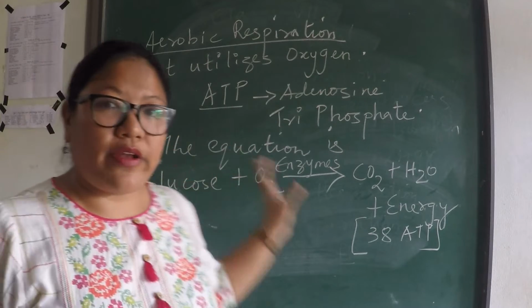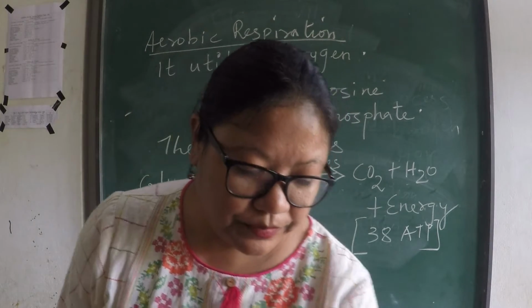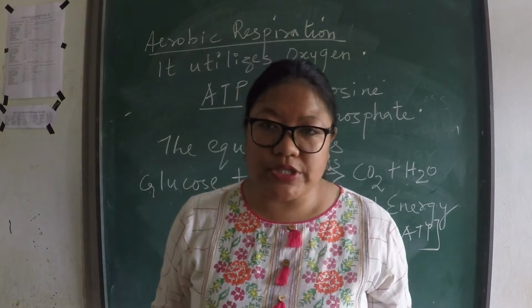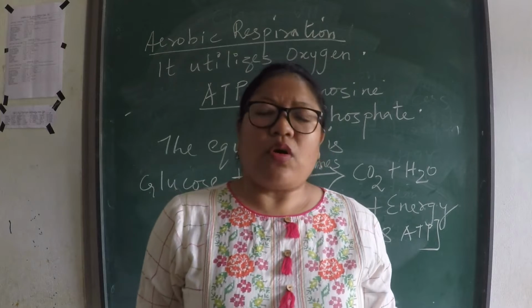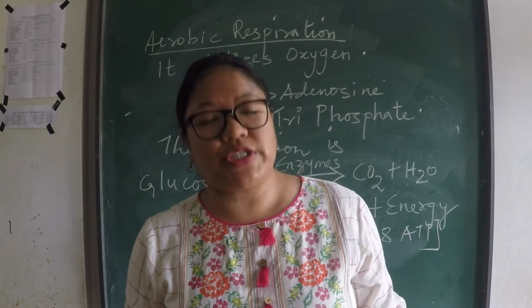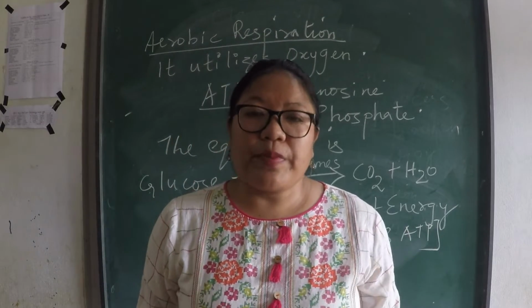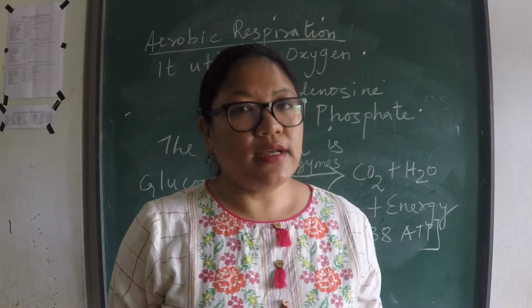Now let's go to anaerobic respiration. And one more thing, where does this aerobic respiration occur? It occurs in all parts of the plant when oxygen is available. Whenever and wherever oxygen is available, that is where aerobic respiration occurs in plants.